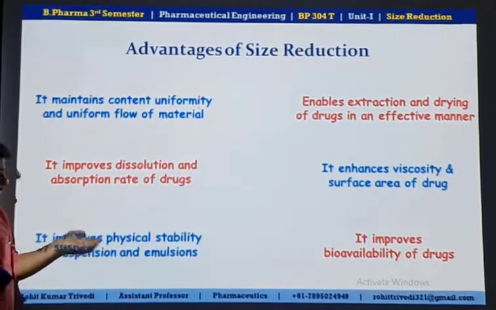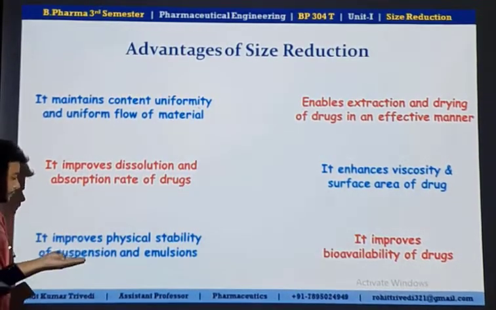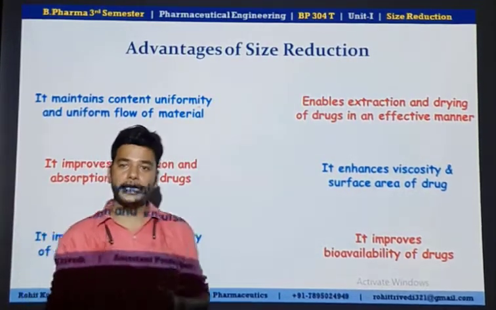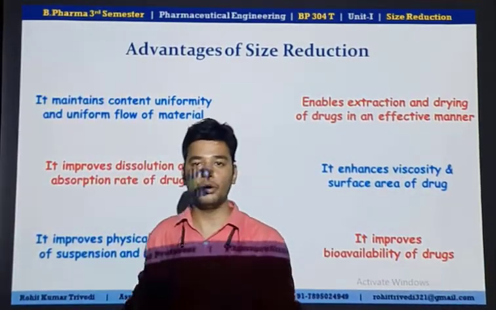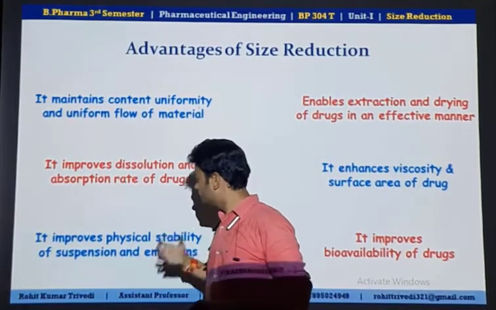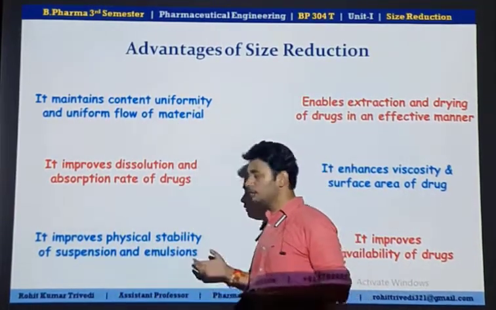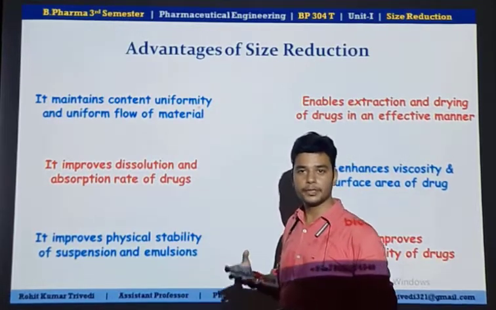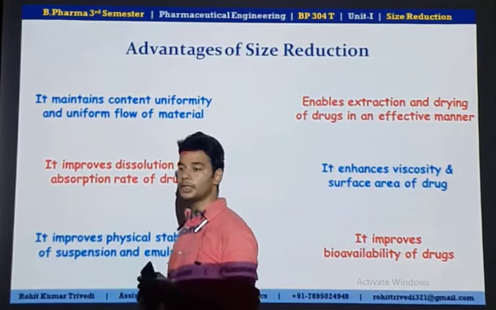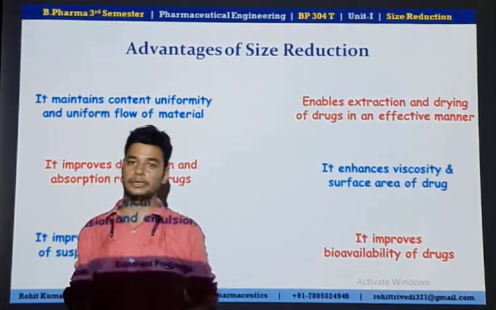If we reduce the particle size in a suspension, the distribution of particles will become more uniform and will remain distributed for a longer duration. If we can make a suspension or emulsion in which the suspended particles stay in their uniform state, obviously it will be a more stable emulsion or suspension.